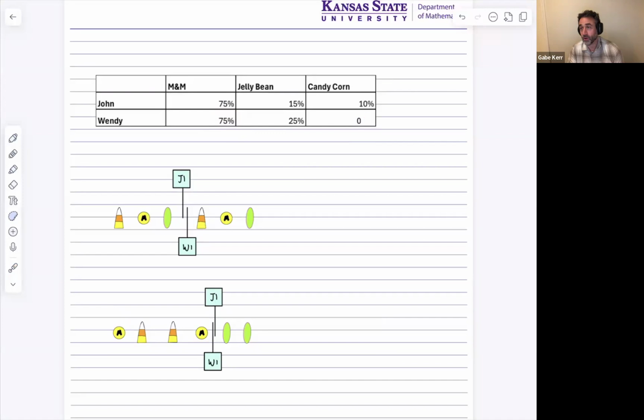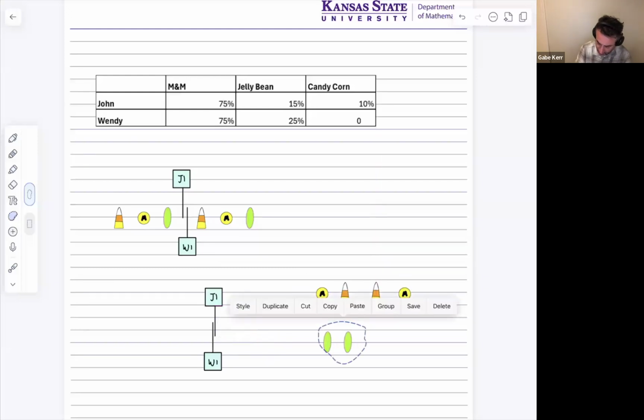And then you flip a coin, and all of a sudden, let's say Wendy is the winner, and Wendy gets hers as the first marker. So Wendy now takes home this first part. This goes to Wendy, and this goes to John.